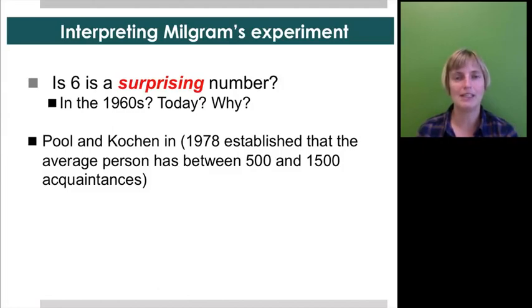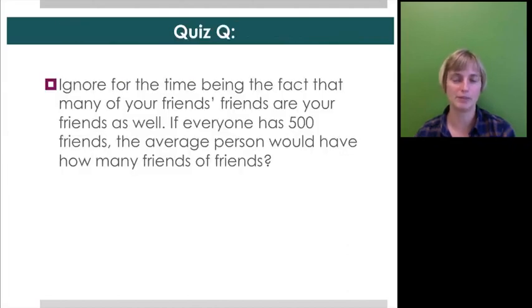Pool and Kochen in 1978 did a study and estimated that the number is around 500 to 1,500 acquaintances. So let's be conservative and say it's 500. And let's also imagine that we're in a random network, so your friends are just randomly chosen. So they're very unlikely to overlap with your friends.